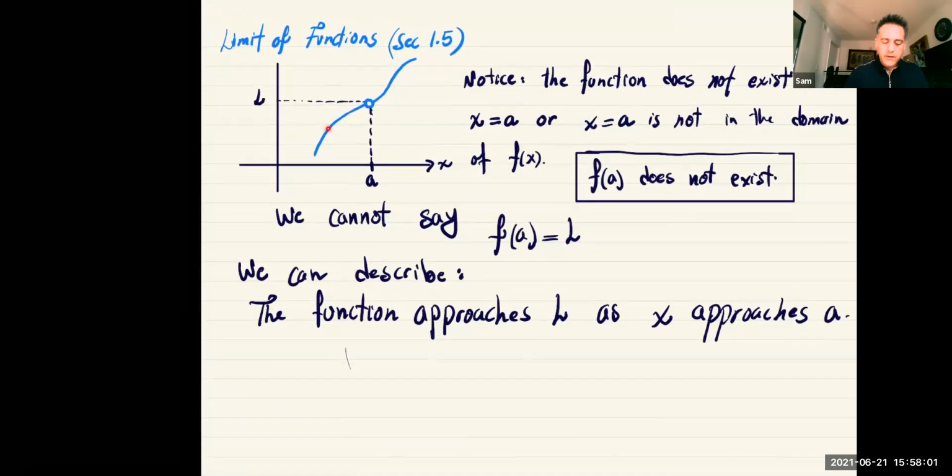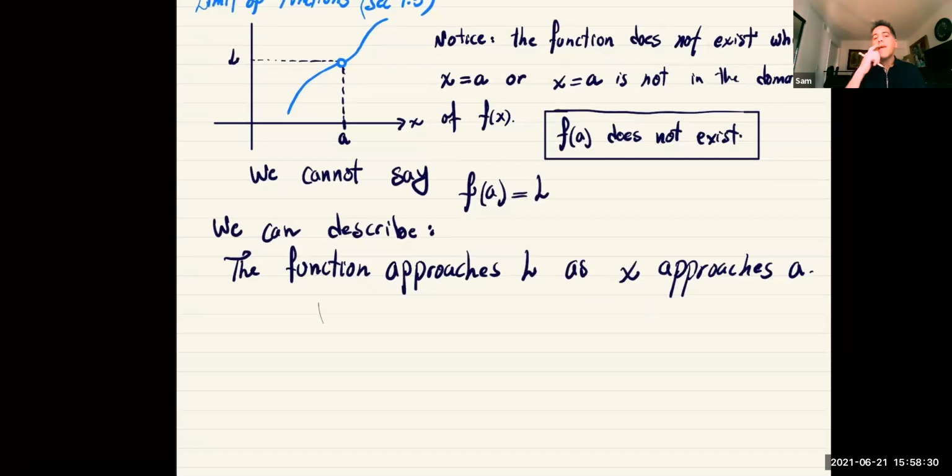As x gets close to a, the y values are getting close to L, right? It doesn't matter from what side of a you're approaching, but as we approach a, the y values approach L, okay?